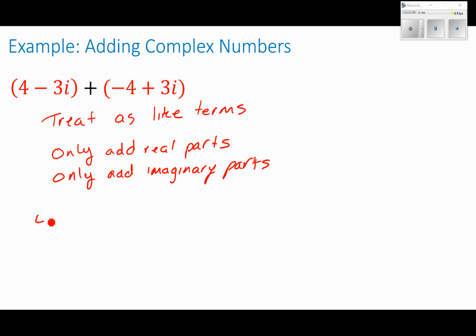So on this one, my real parts, I'm going to have 4 plus a negative 4. And then I'm going to add negative 3i plus 3i.